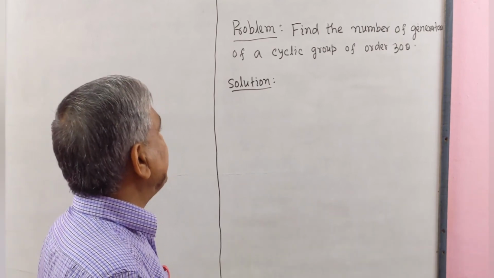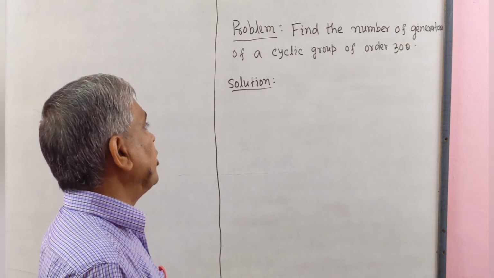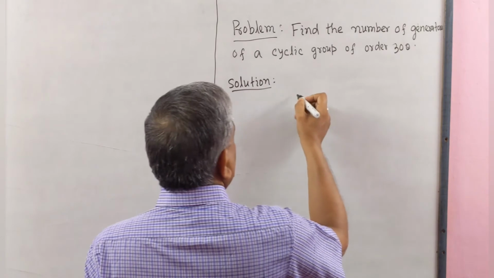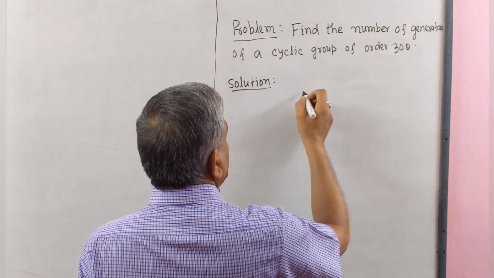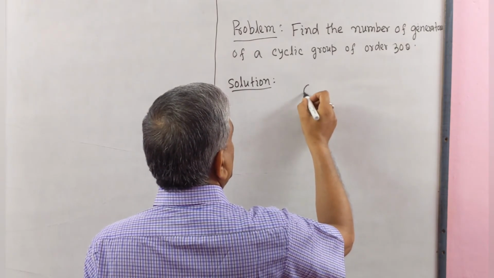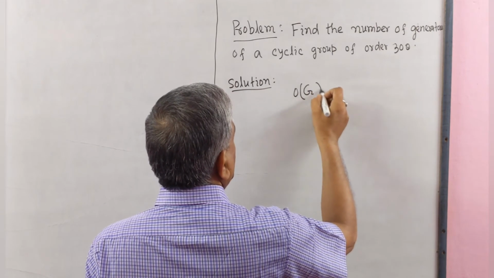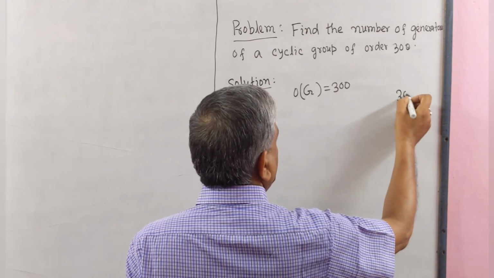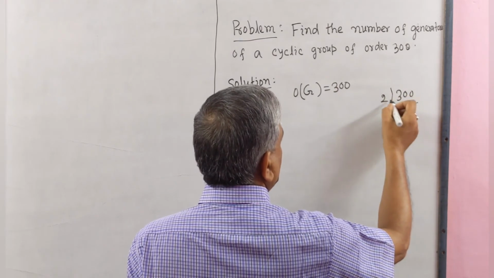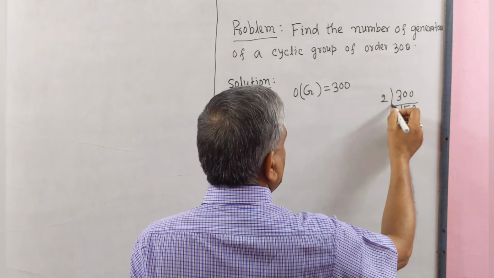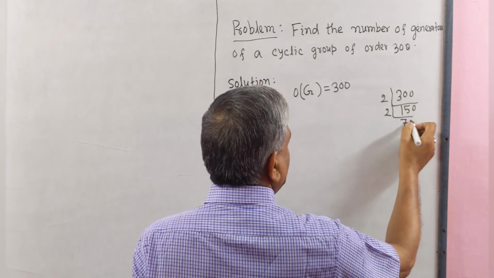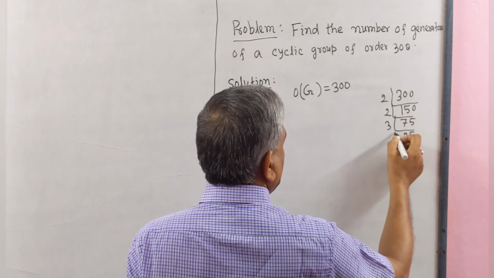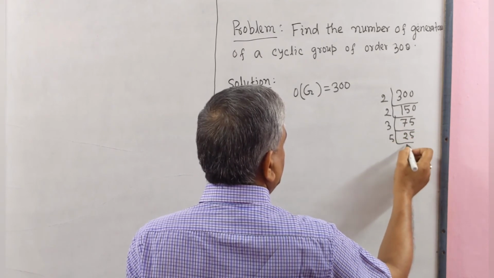Now we solve the next problem. Find the number of generators of a cyclic group of order 300. Here G is the group whose order is 300. 300 means 150, 75, 25, 5, 5.